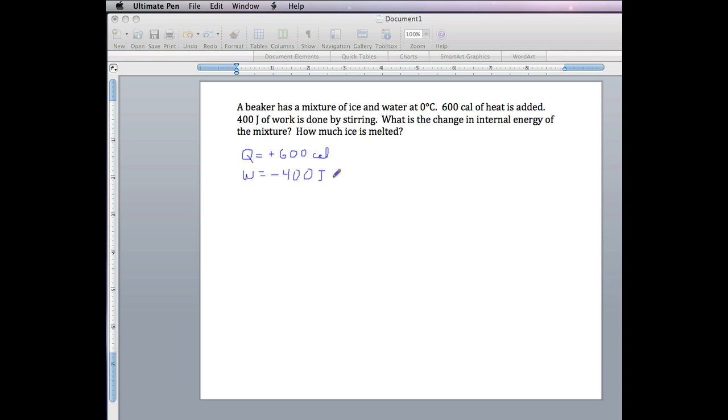We would like to apply the first law of thermodynamics, which has us subtract Q and W, so we need both of those numbers in the same units. So we can look up the conversion factor to go from joules to calories, and we'll find that 1 calorie is 4.19 joules.